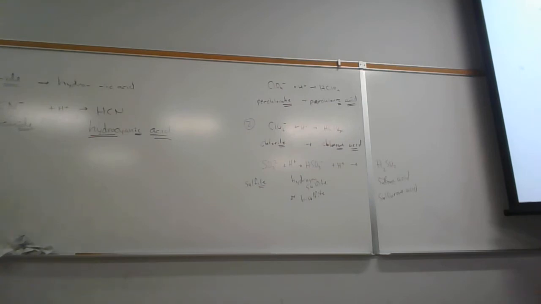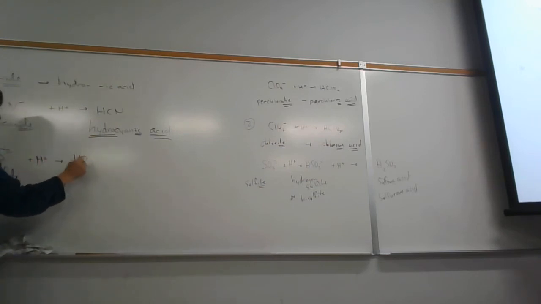This is a polyatomic ide. Most ides are monatomic, like this. What's this called? This is sulfide. And so if we add an H plus to this, then we're going to make HS minus.